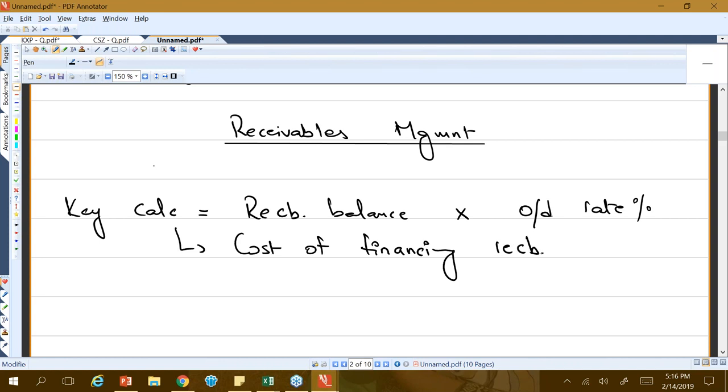Now, can I ask you why do you think I am multiplying my overdraft rate with the receivables balance here? What do you think?